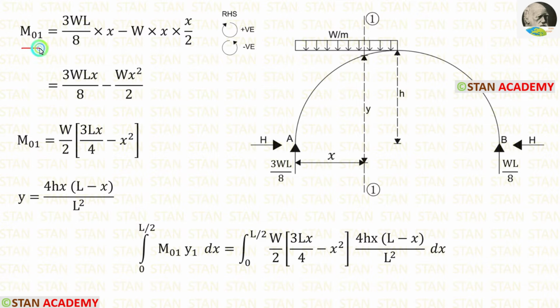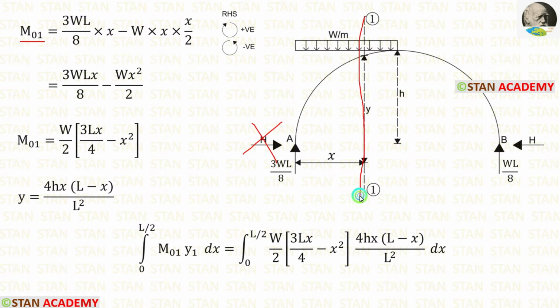Now let us calculate m01. We are going to calculate m01 from the point A. In this case, we are moving towards right hand side. Clockwise will be positive, anti-clockwise will be negative. We know that m0 is the moment without considering the horizontal thrust. So when we take moment, we should not include the horizontal thrust.